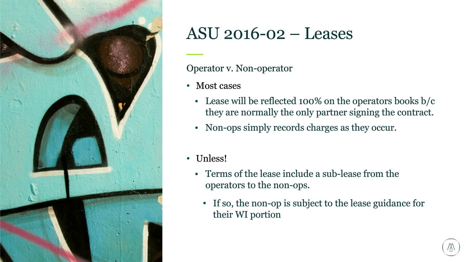The exception would be subleases, which are included as part of the joint operating agreement, and we expect those to be more rare. But if there are, then a non-op would be party to a sublease and would look at that in order to properly account for the lease. Consider the rights and obligations and such.